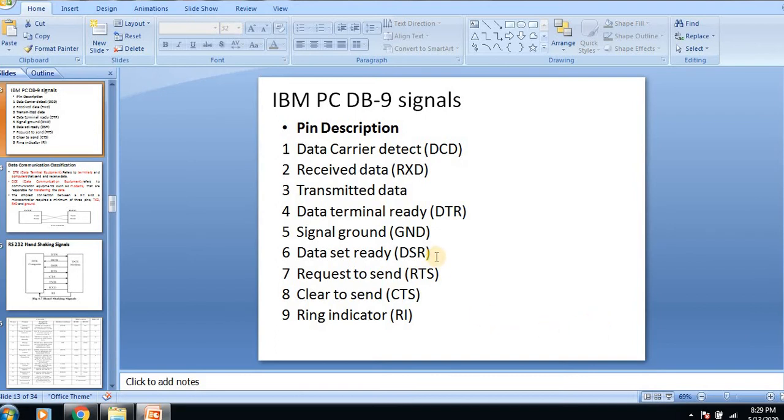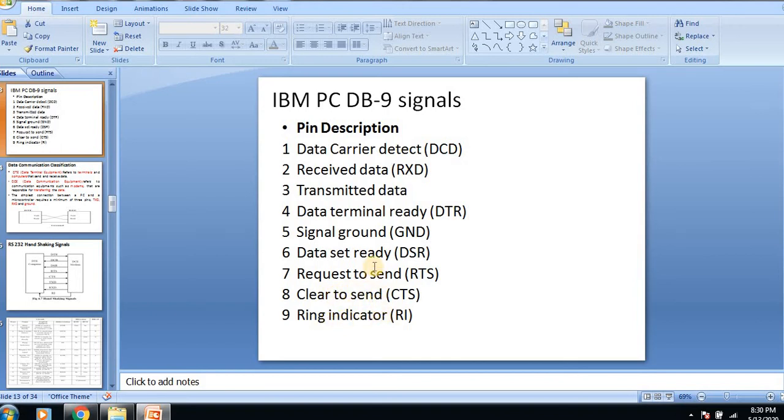So these are the pins present in the DB9 connector: first the data carrier detect, received data, that is the RxD pin, and then the transmitted data, that is TxD, data terminal ready, ground, data set ready, request to send, clear to send, and then the ring indicator.